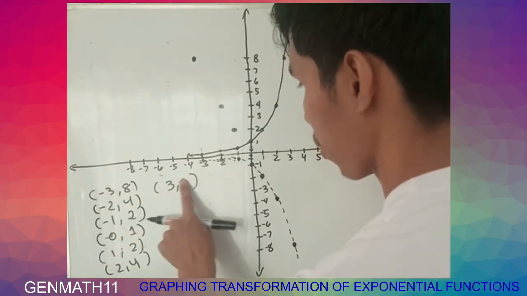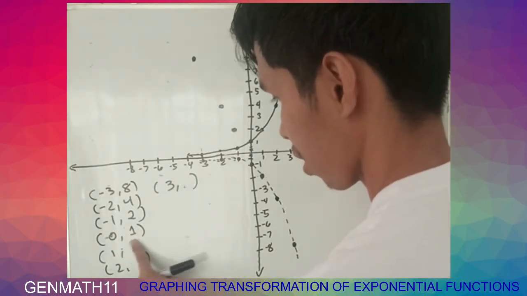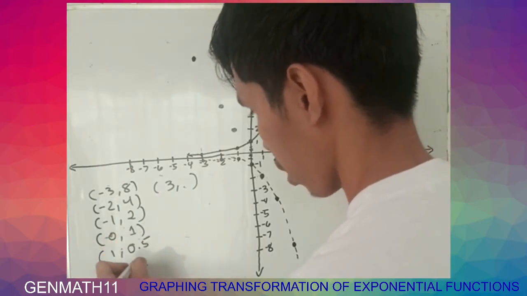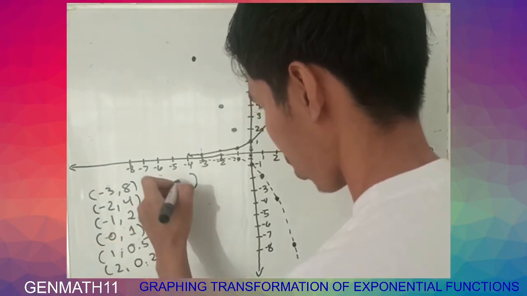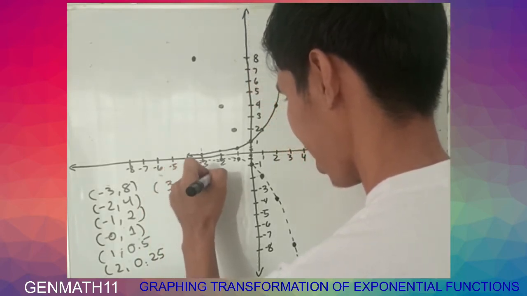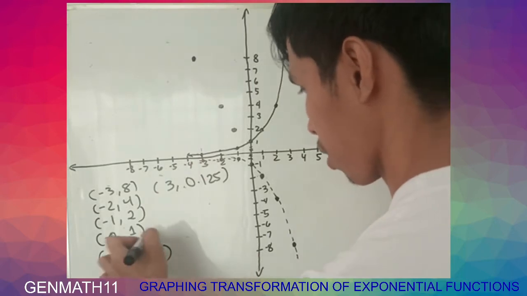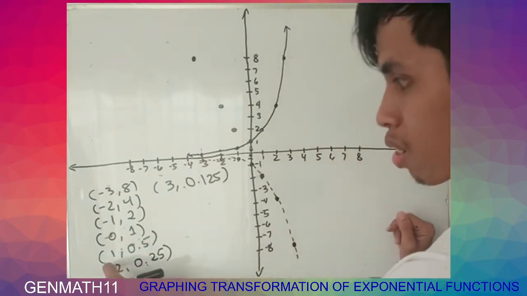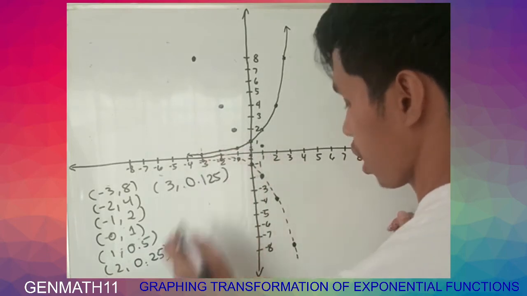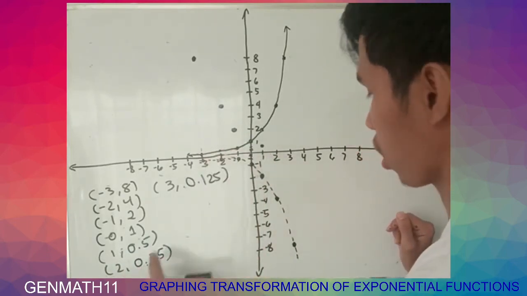Mali. Nalito ako. Ito pala ay 0.5, 0.25, then ito ay 0.125. Kaya pala mali. So, 1, 0.5. Ito yan. Then, 2, 0.25.